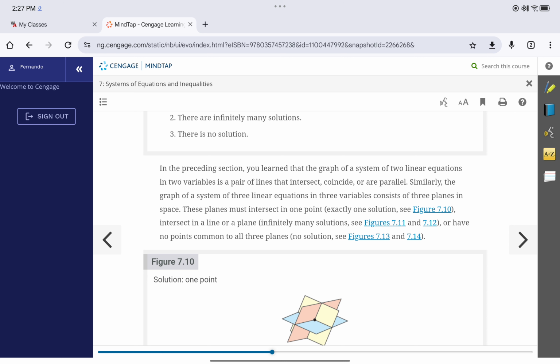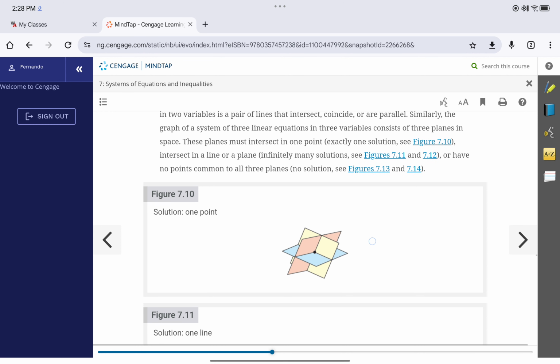So if that's the case, what are the different things that could happen? Well, one solution, that's a possibility, infinitely many, and no solution. So the same three possibilities essentially. Now, how do we know which is which? Well, here we can look at the little picture, and the book does a very good job.